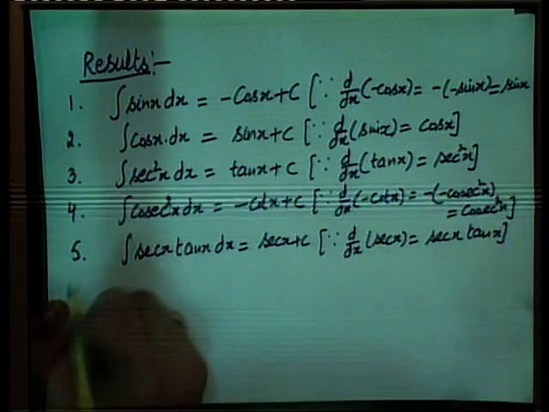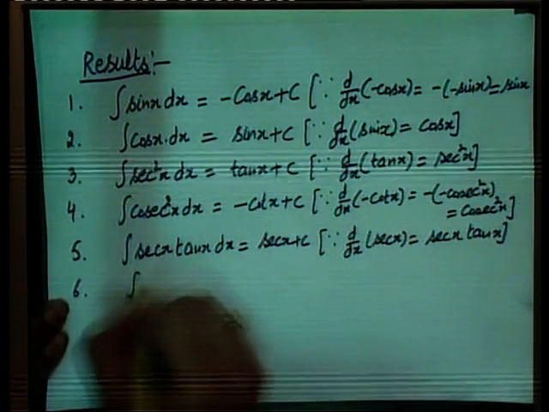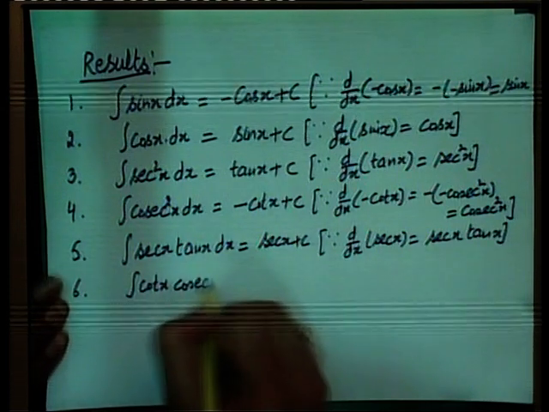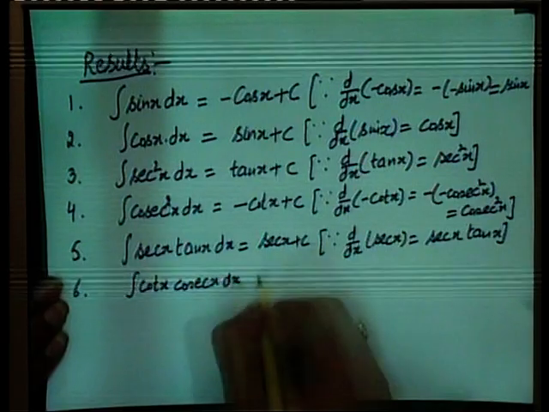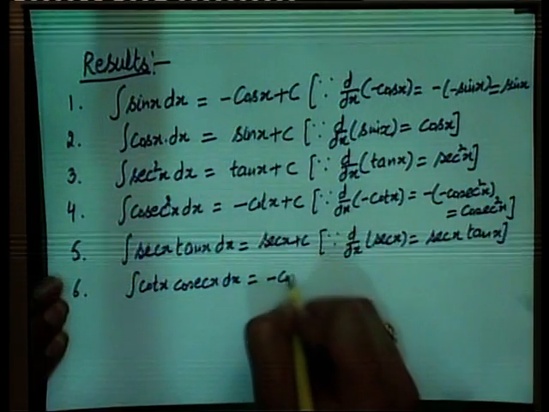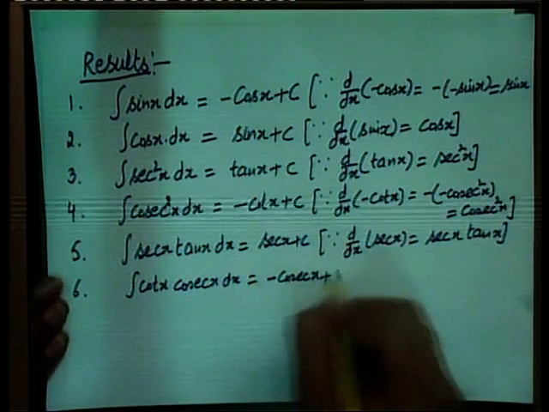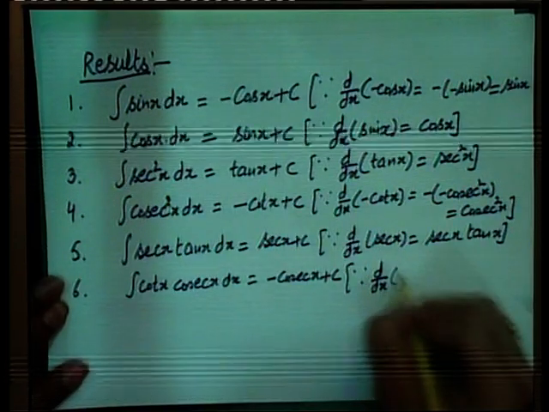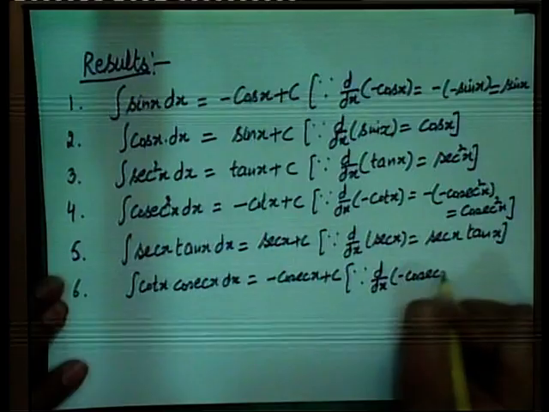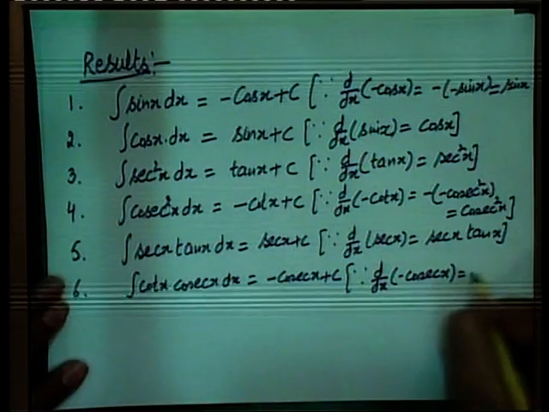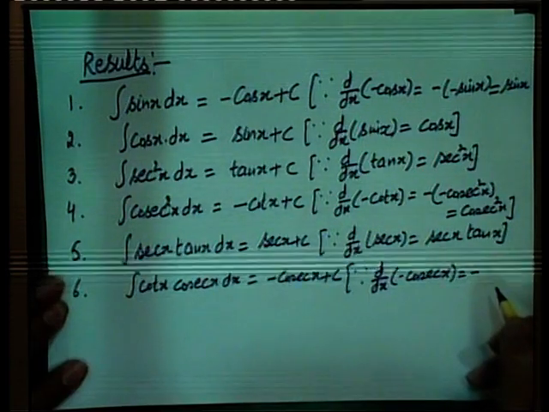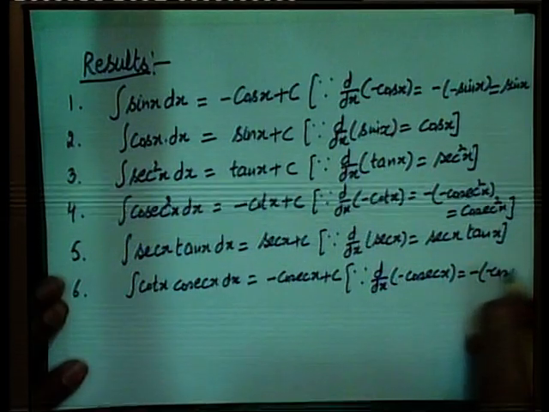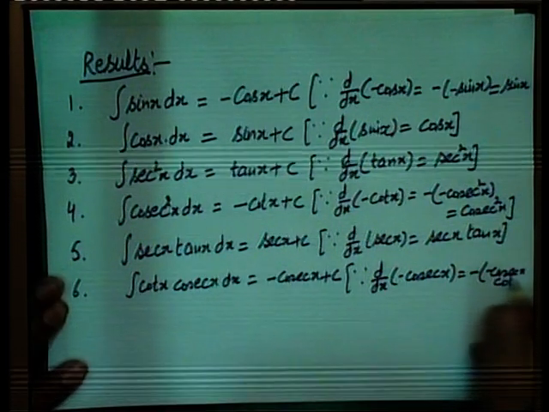And sixth result is integral of cotangent x cosecant x dx is equal to minus cosecant x plus c, because derivative of minus cosecant x, taking minus sign outside, and the derivative of cosecant x we know is minus cosecant x into cotangent x.